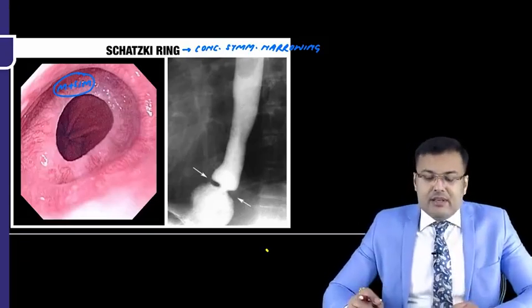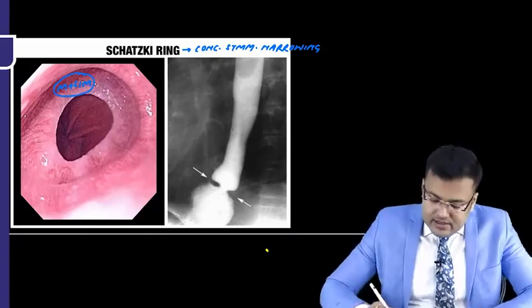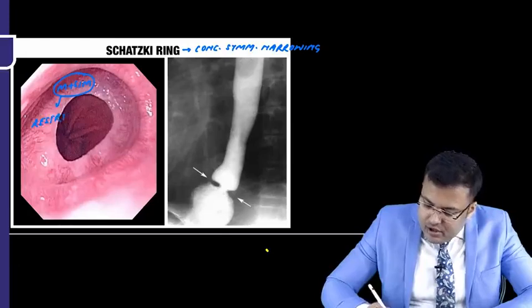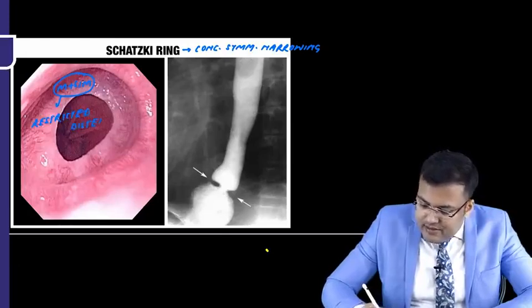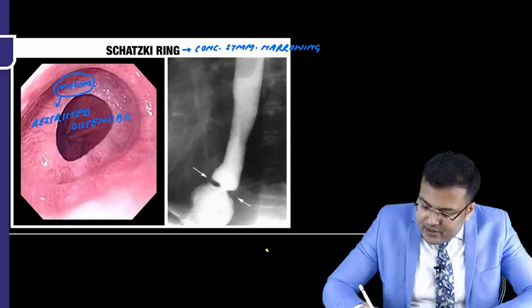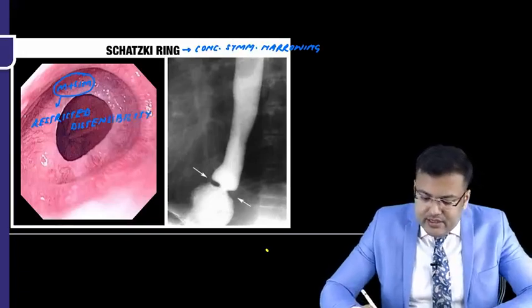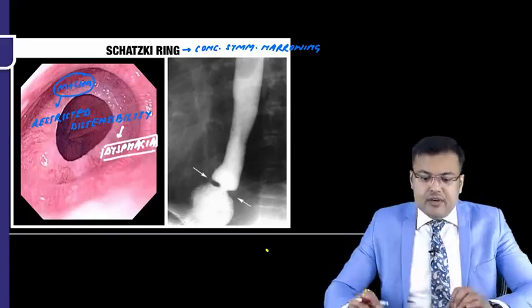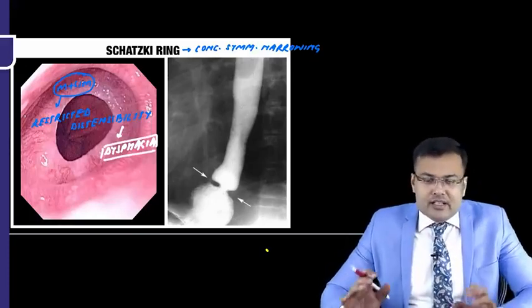Because of this, there is restricted distensibility, and obviously the patient will have dysphagia. But here, dysphagia is seen only for solid foods.